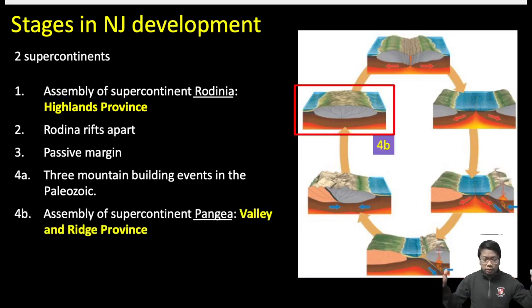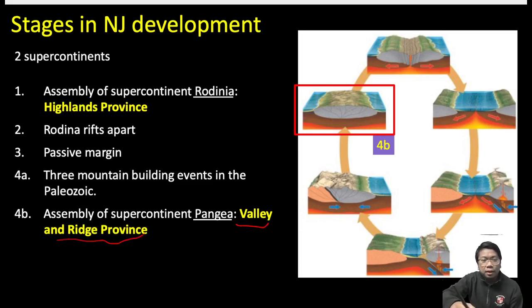Once this ocean in the middle closed completely, the two continents collided: the North American continent collided with the West African continent. Okay, and that process has been recorded by the rocks that we have in the Valley and Ridge province.